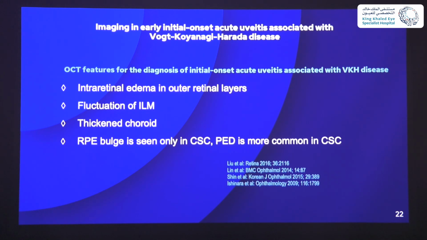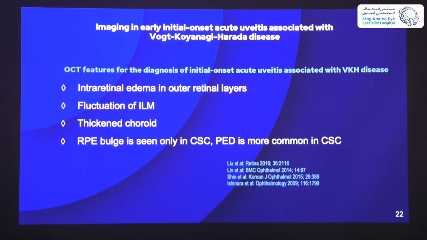The features that are in favor of central serous chorioretinopathy are the presence of retinal pigment epithelial detachments, or RPE bulges. These are more common in central serous chorioretinopathy. Another important feature here is that the presence of optic nerve head inflammation is a feature of VKH disease.